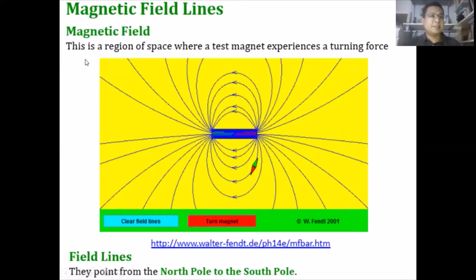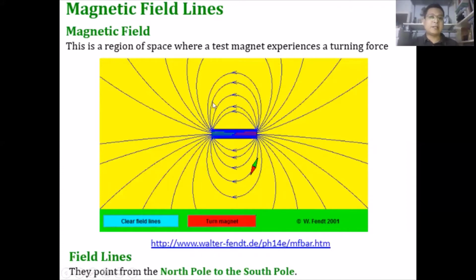Magnetic field lines. Even though we cannot see them with the naked eye, the magnetic field creates field lines like this between the north and the south. This is the region of space where a test magnet experiences a turning force.